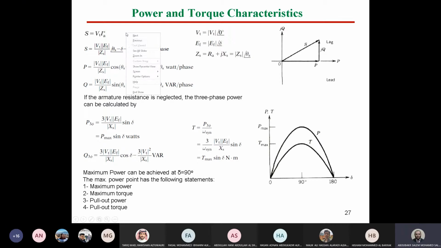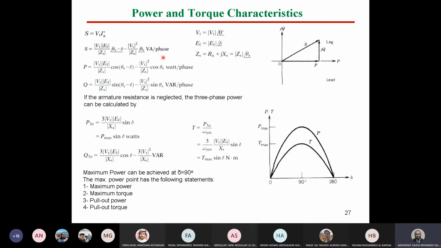So if we would like to calculate this according to the synchronous machine, we have the current, which can be obtained from the voltage equation: EF equals V terminal plus j IA XS plus IA RA.